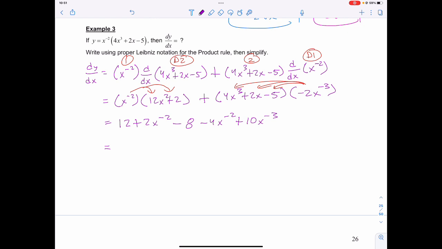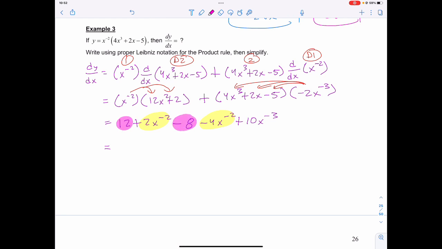This is going to be when I combine my like terms. I have 2x to the negative 2. I have negative 4x to the negative 2. So I can combine those. I have my two constants. I have the 12 and negative 8.